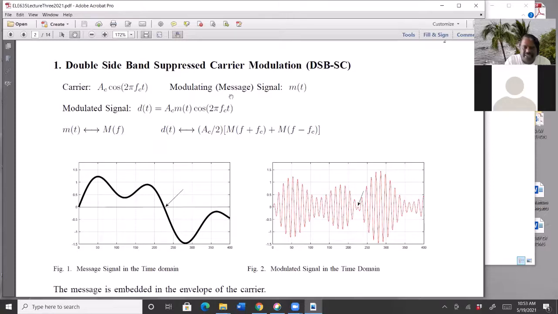By the way, here it says modulating signal, but most often I will say message signal. So what is the message signal? Imagine 680 News and someone is reading the news, and the microphone converts it to an audio signal. Maybe they did some amplification, and the message signal is shown here.